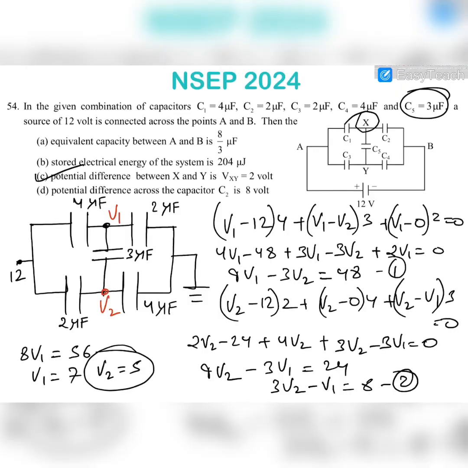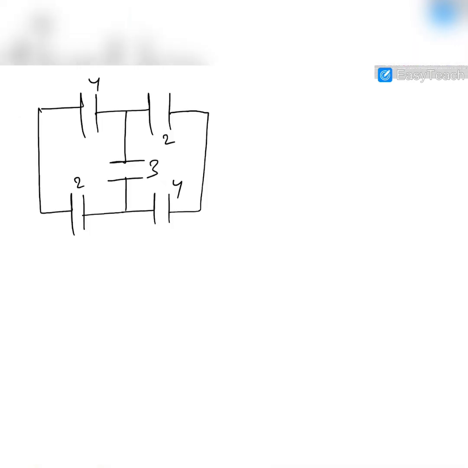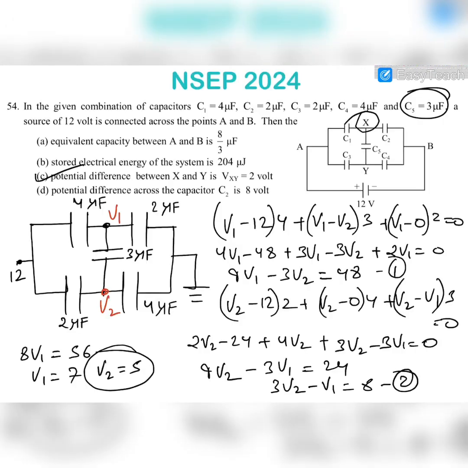Let us talk about the equivalent capacitance of this system. First of all, let us redraw the circuit. This is the main circuit, and this is 4, this is 2, this is 2, this is 4, this is 3. Now let us find the charges Q1 and Q2. For Q1, the potential difference between these two terminals is 12 minus V1, which is 12 minus 7, so it is 5, and Q is equal to CV.